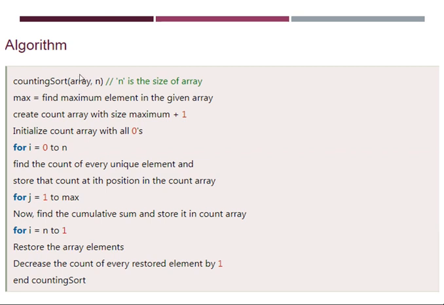Counting sort takes the input array, where n is the size of the array. Now we have another quantity called max, which will find the maximum element in the given series of elements that need to be sorted.